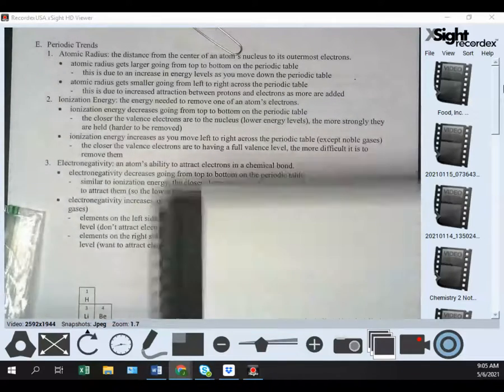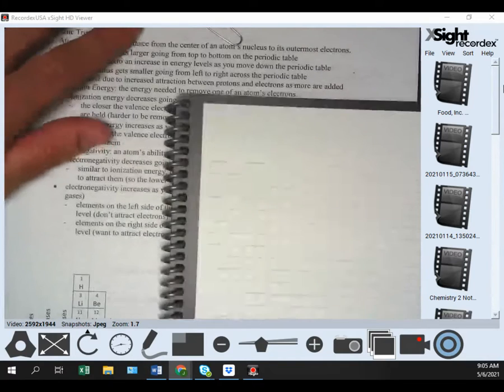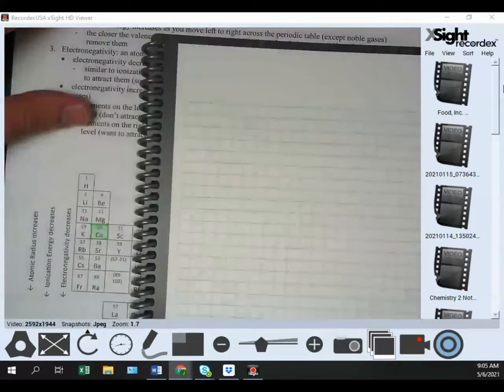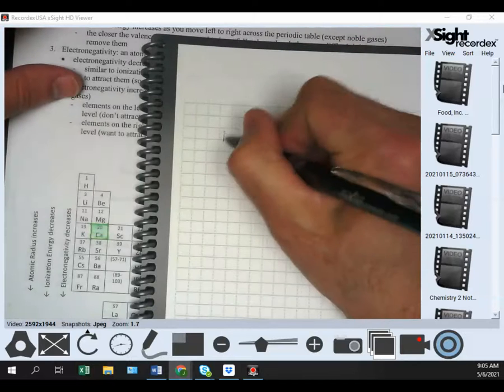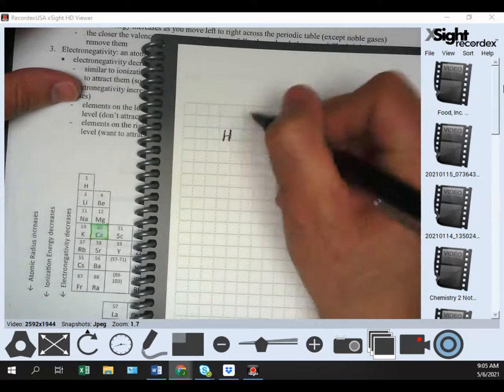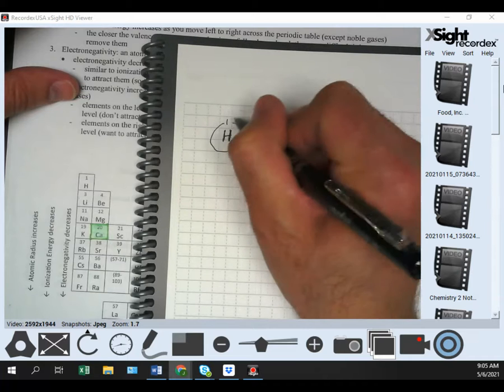Okay, so if we look at the first column here, hydrogen has one electron, so it's got an electron in the first energy level.